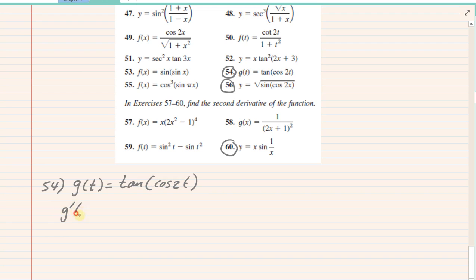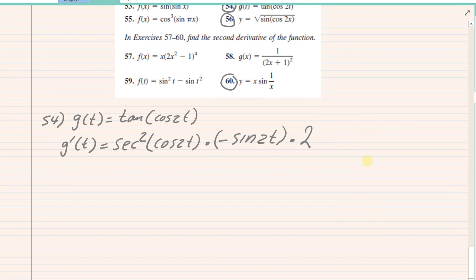The derivative, g prime t: the derivative of tan is secant squared of whatever, times the inside function is cosine, the derivative of cosine is negative sine 2t, but then notice the cosine itself is made up of a composition, so we're going to multiply by the derivative of 2t, which is 2. Remember, we go as many layers as there are in order to reach the answer, as many layers as possible.